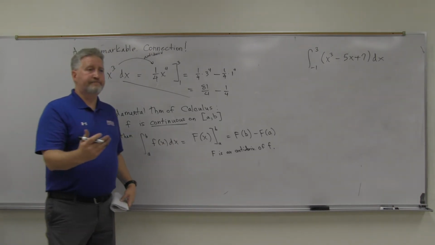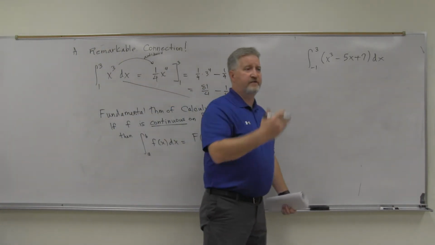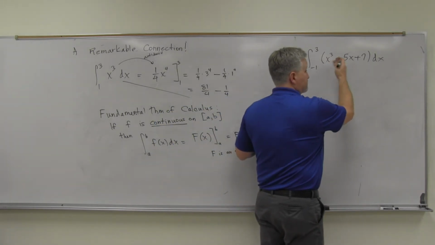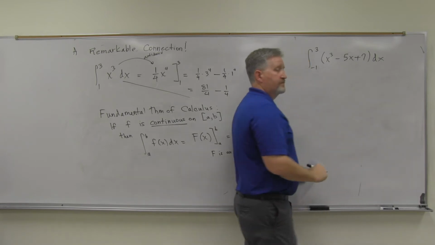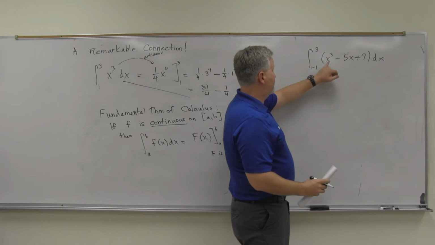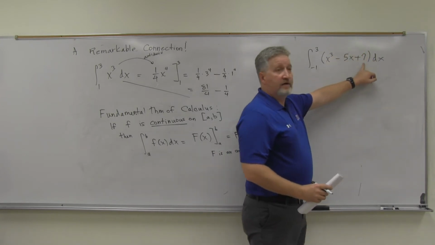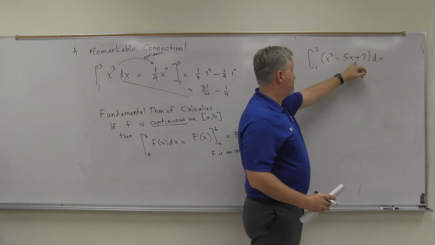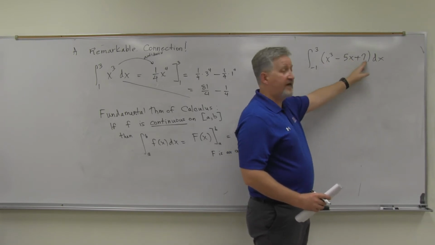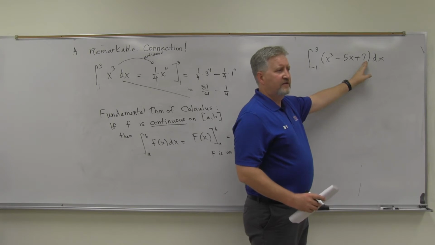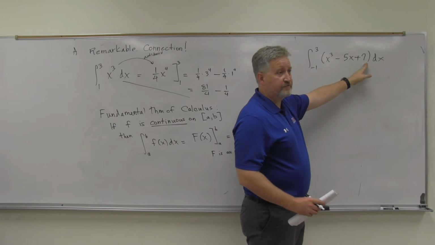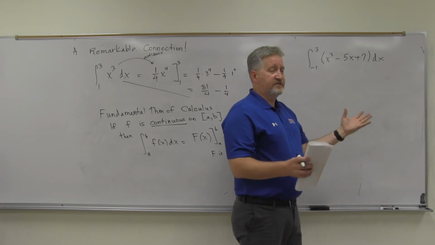Well, this is where the properties of integrals pay off, because I know separately each of these antiderivatives, and so if I can separate them, do the antiderivative of that minus the antiderivative of that plus the antiderivative of that. I can do that with integrals since these are minuses and pluses. So I've got essentially three things added together. You see what I'm saying? So I can do the integral of this minus the integral of that plus the integral of that. That's one of the properties. I can separate additions and subtractions.